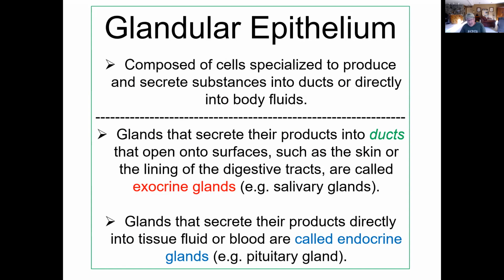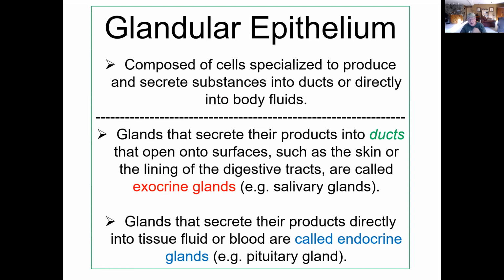And these are commonly collectively referred to as endocrine glands. Now, you know the endocrine system, it's one of the 11 organ systems, and we associate endocrine system with hormones, don't we? So these are glandular epithelia, your endocrine glands, that produce hormones that get dumped right into the bloodstream and are carried throughout the entire body.